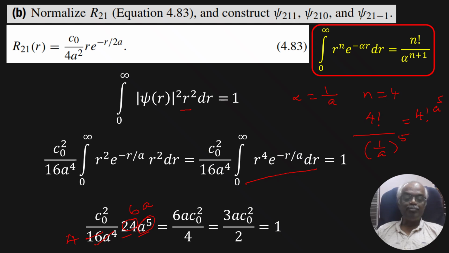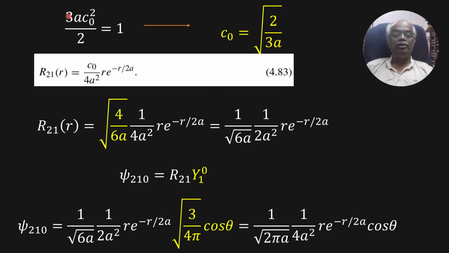Further, you can simplify this to 3 over 2. So this can be written as 3a c naught squared over 2 is equal to 1. That means c naught is equal to the square root of 2 over 3a.